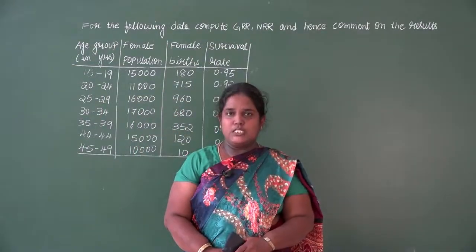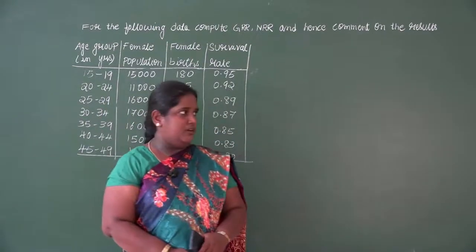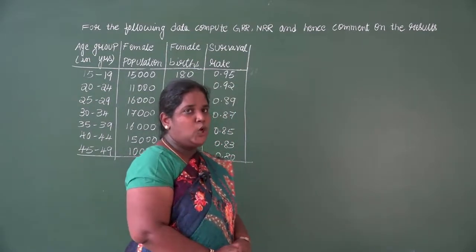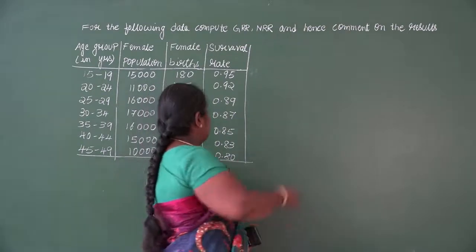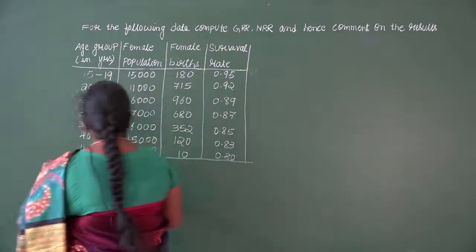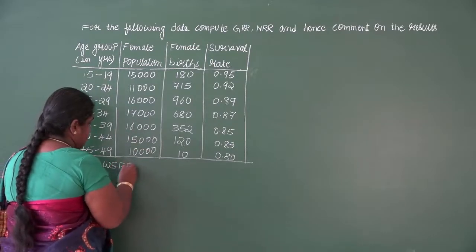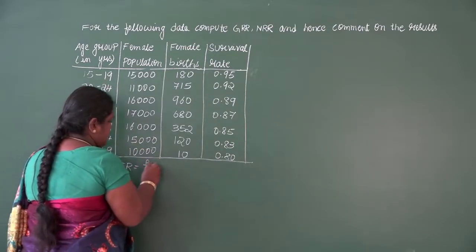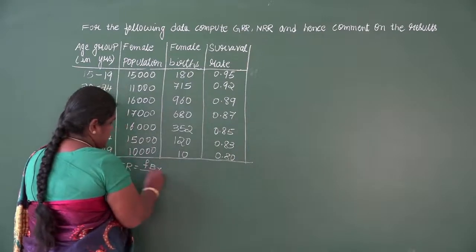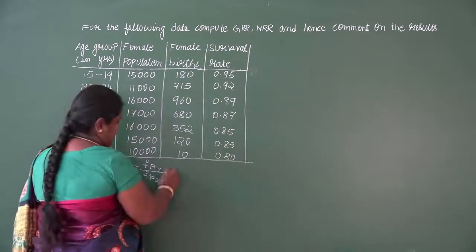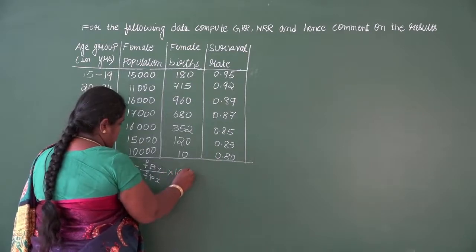Now we'll start with the second problem of 10 marks, that is finding out GRR and NRR, then commenting on the result. Here again, the first step is to write the formula of WSFR. WSFR is female birth at time period X divided by female population at time period X into 1000.